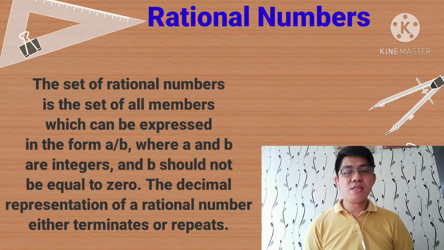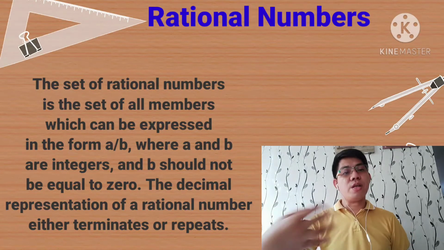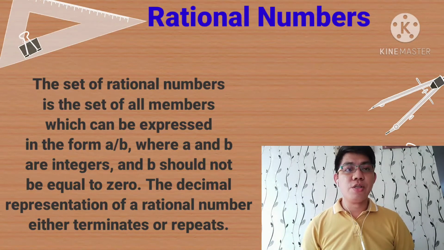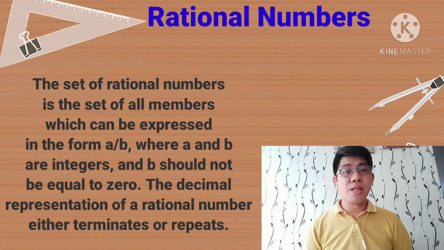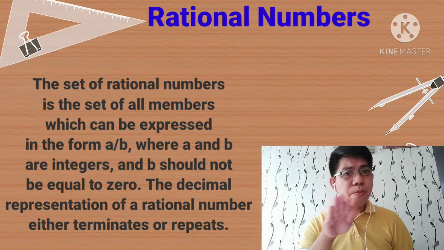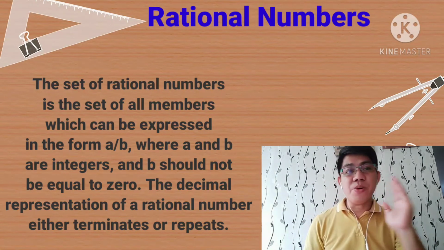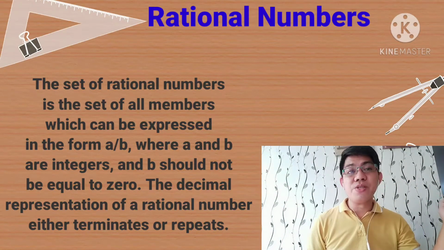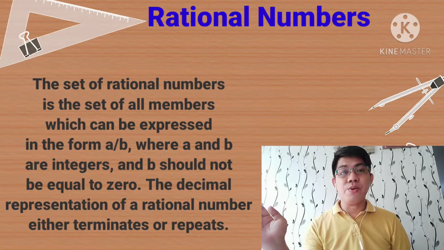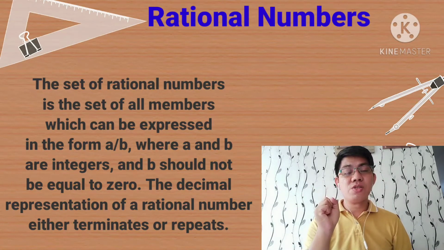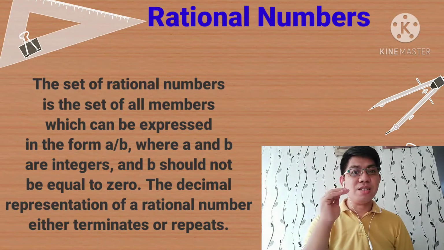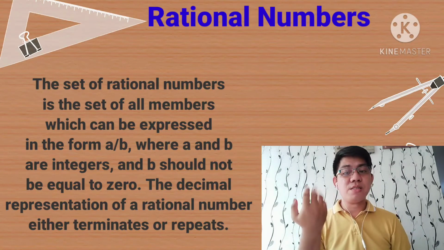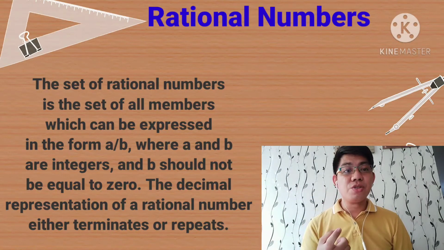Bigyan tayo ng example muna ng rational numbers. Ano ba yung mga tinatawag natin na rational numbers? Lahat ng natural numbers, positive and negative, 0, and also yung fractions and terminating or repeating decimals, yun yung tinatawag natin na rational numbers.